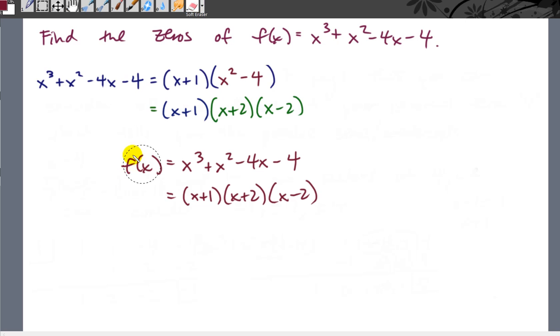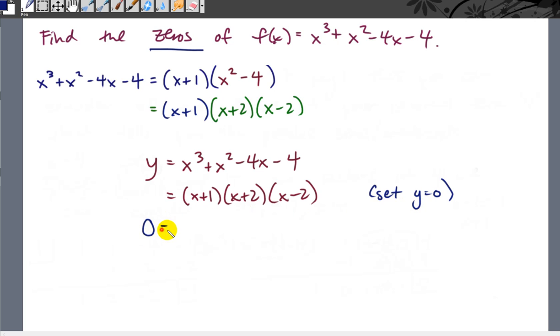Recall that our output f of x is the same thing as y. So you might think, how can we find the zeros of this function? We can set y equal to 0, and that's how we find the x-intercepts.